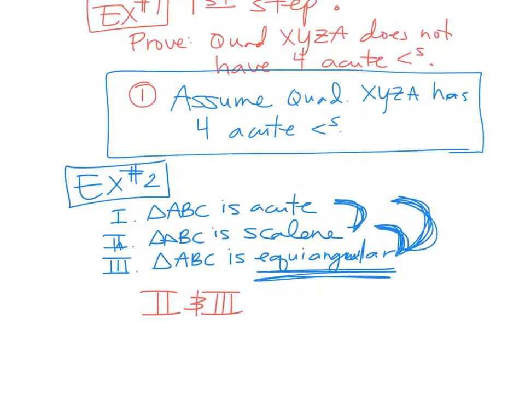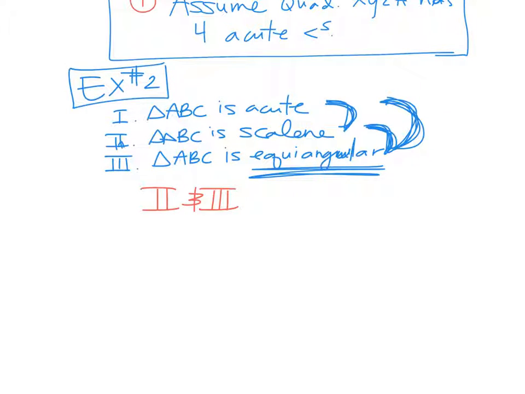So that's contradiction. How about if I said you have a triangle that is acute. You have a triangle that is scalene. And you have a triangle that is obtuse.